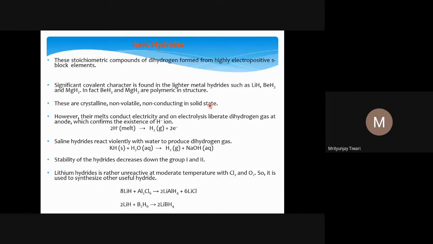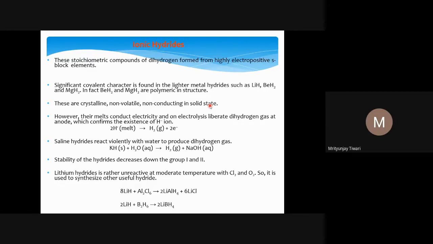Non-conducting in the solid state means that in the solid form all the ions, cations and anions, are strongly bound together, and they are not free to move from one place to another to conduct electricity. Whether it is electrons or ions, whenever they move they conduct electricity.